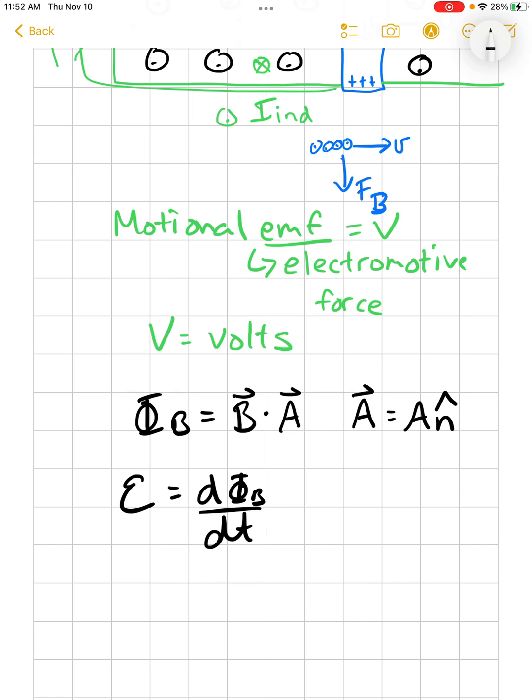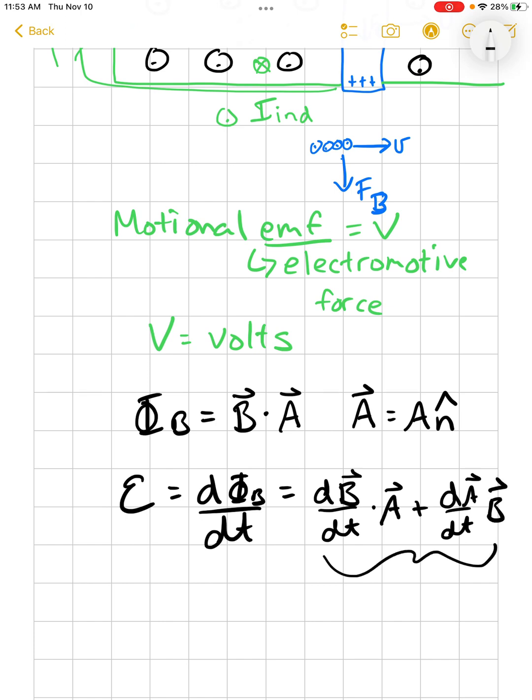Now, if we think about our calculus, we're basically going to end up with a product here. We have to use our product rule because this means we could have a change in the magnetic field over time times area, plus we could also have a change in the area over time times the magnetic field.